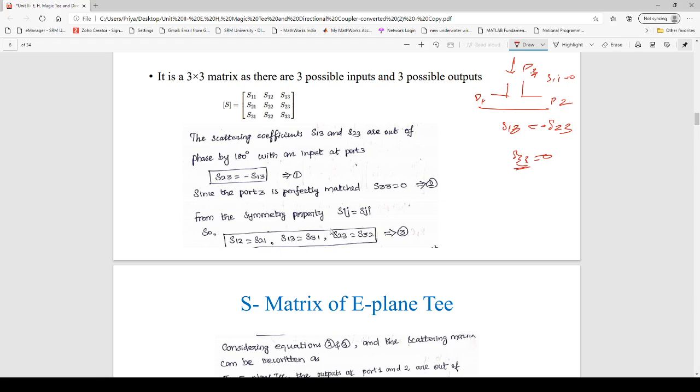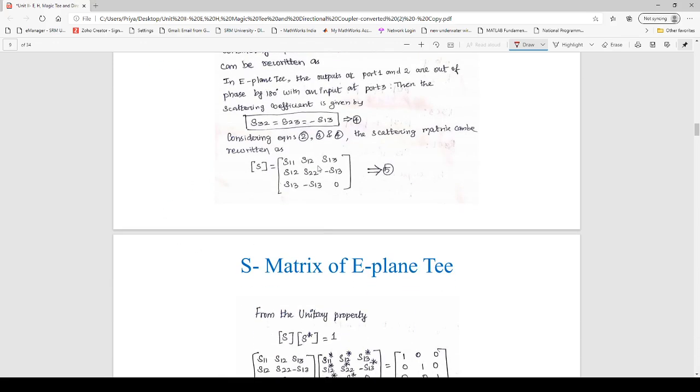Coming to the next property, your scattering matrix satisfies the symmetry property. It means Sij is equal to Sji. So in this 3-port network, I can say S13 is equal to S31, S12 is equal to S21, S23 is equal to S32. So considering all these things, we can rewrite the scattering matrix.